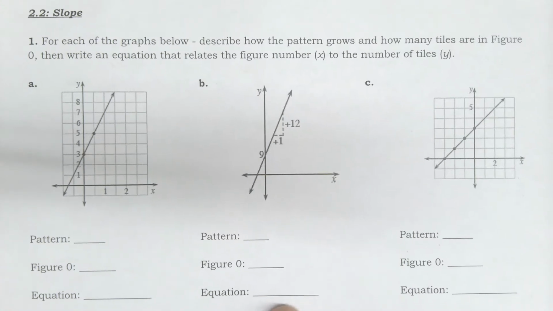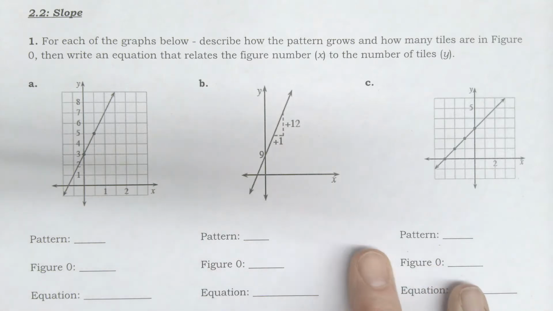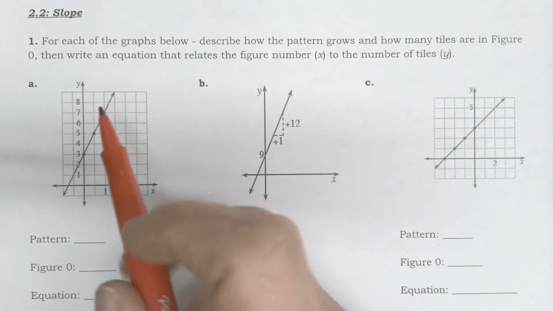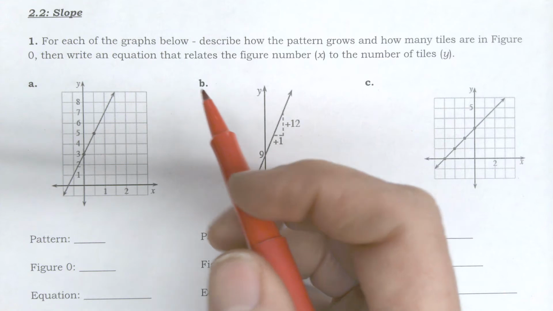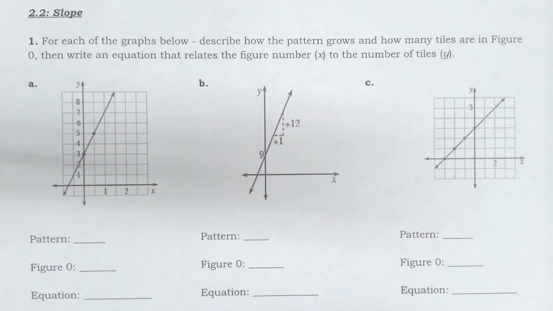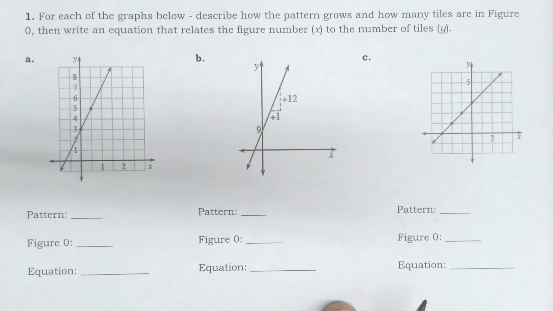But what we're going to do is connect what we did yesterday, talking about the change and the start, or what would be considered figure 0, the initial point. We're going to make that connection to these lines in these pictures. For the graphs, we're going to describe how the pattern grows and then write an equation.